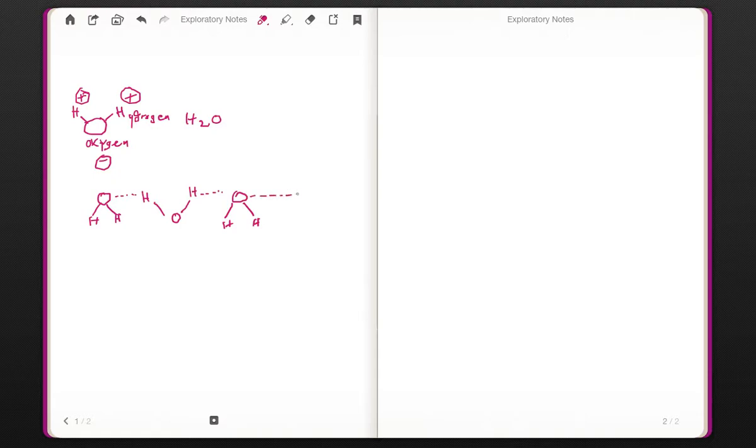And I'm drawing little dashed lines to represent attraction. So these attractions right here, they actually have a name. It's called a hydrogen bond. Because they're attracted to each other here. And there's some here, and there's some hydrogen bonds here.